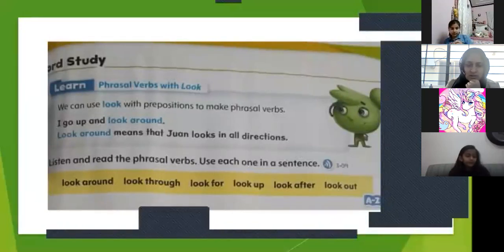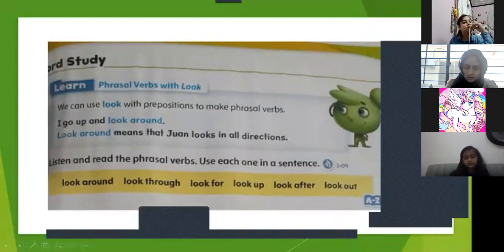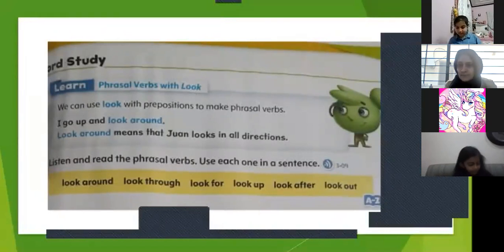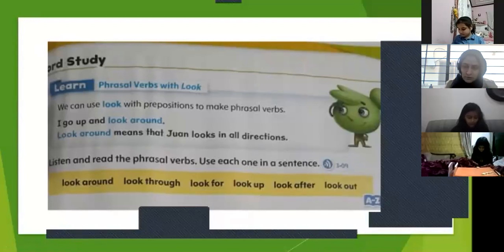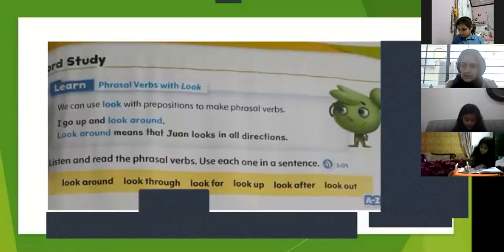These are the phrasal verbs with look. All of you come to page number 175 of your student book, and write down today's classwork, day and date: 27th of January 2021, and today is Wednesday.